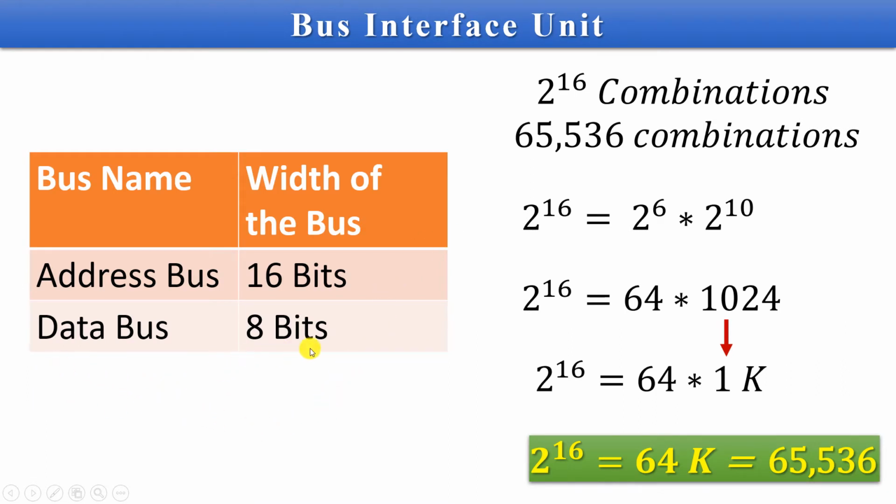Now in the bus interface unit we have seen that the address bus is a 16-bit bus, and the data bus is an 8-bit bus. Therefore we have 2 raised to 16 different combinations available to address the memory of 8085.